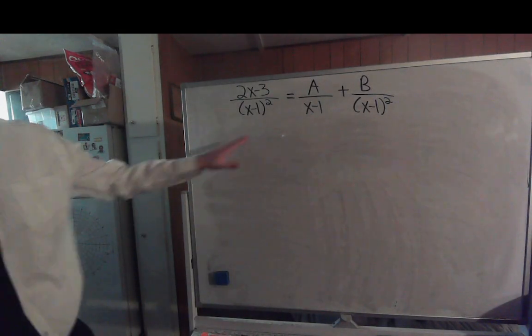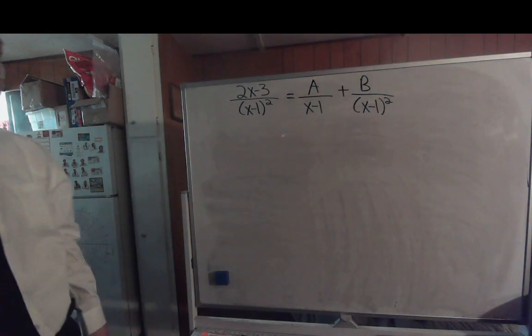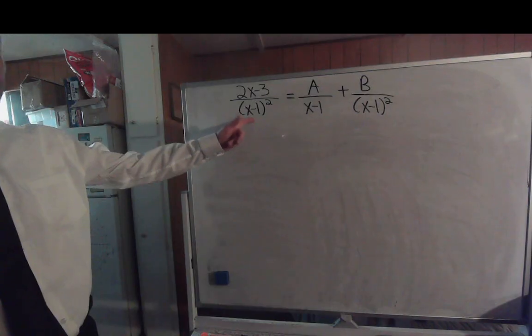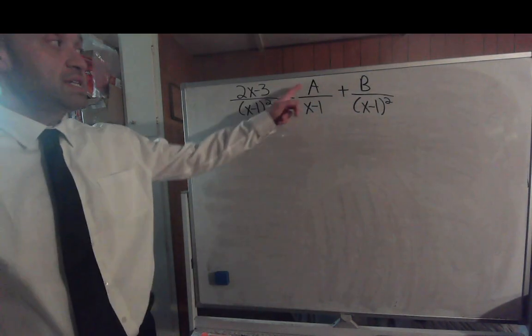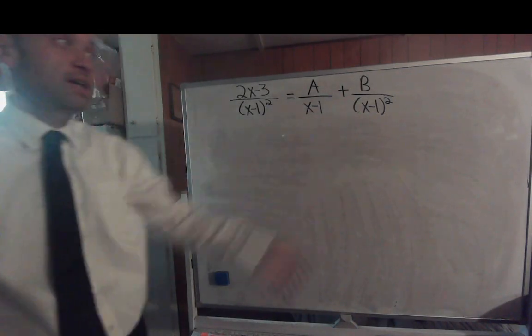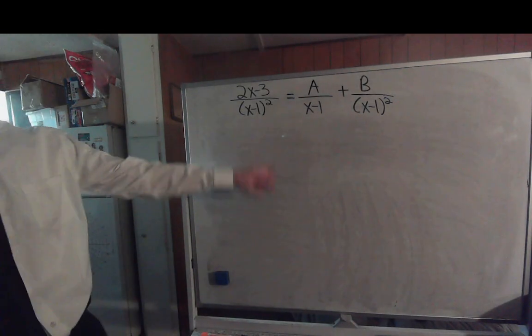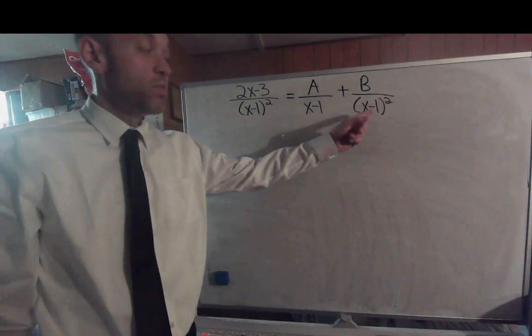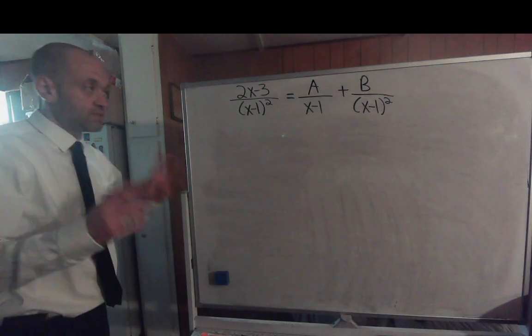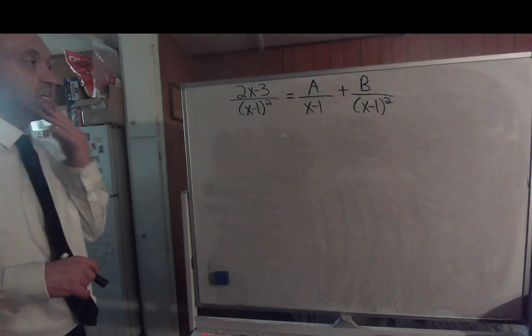That's how you deal with repeated linear factors. Because your common denominator would be x minus 1 squared, so you have one denominator that's just x minus 1 to the first and one that's to the second. If it were to the third, we would have 1 to the first, 1 to the second, and 1 to the third. But let's go ahead and do this partial fraction decomp.